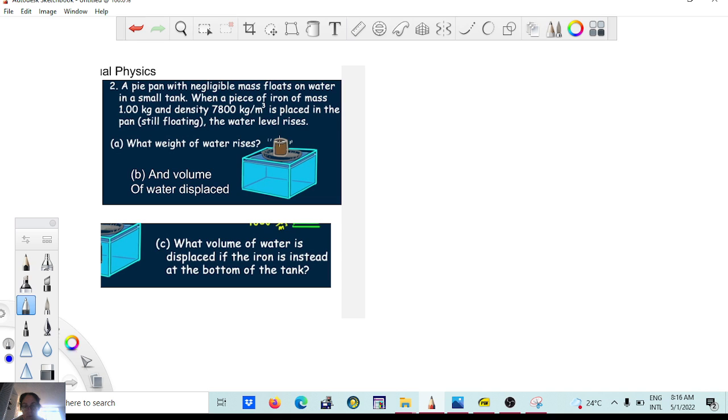And then we put a piece of iron in it, and it's floating. It's floating because it's displacing enough water. So you see here that will be the water displaced, and the weight of the water displaced will be equal to the weight of the floating object.